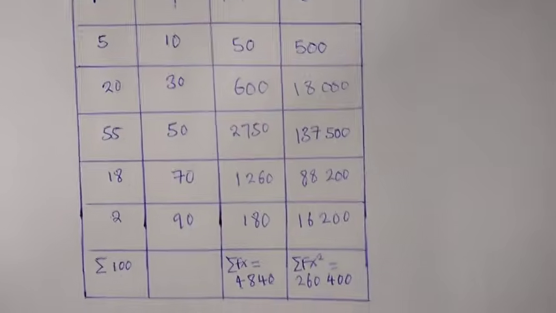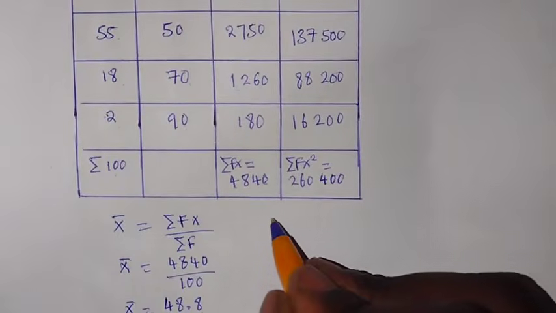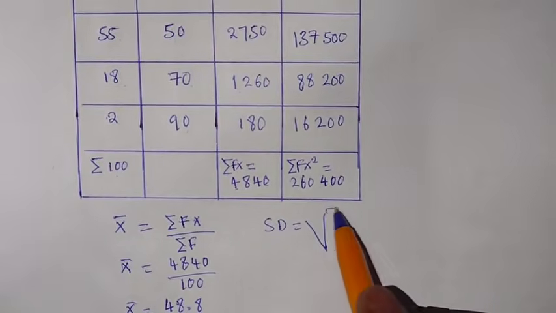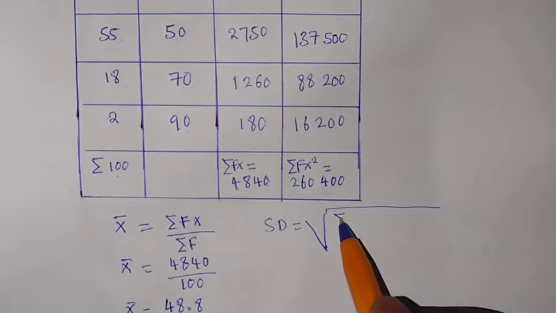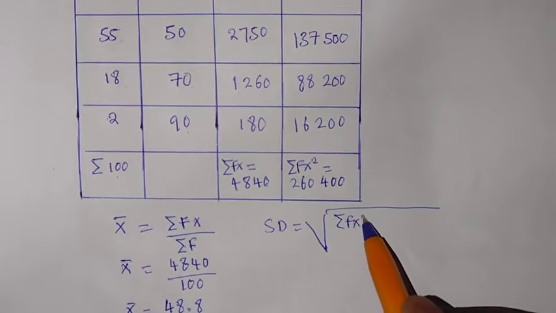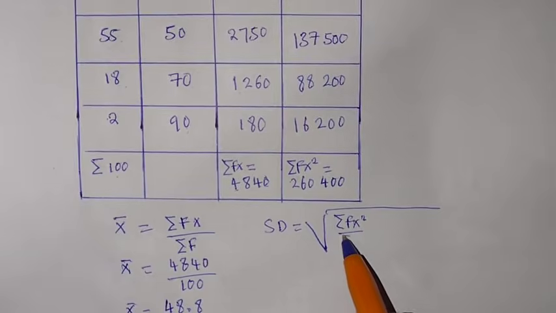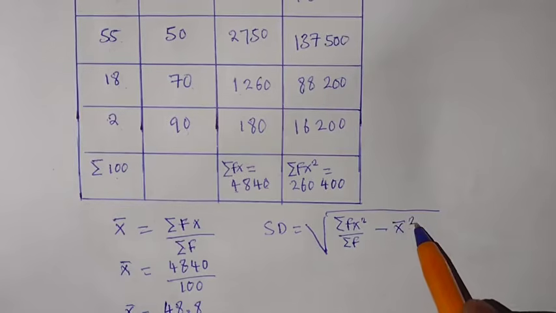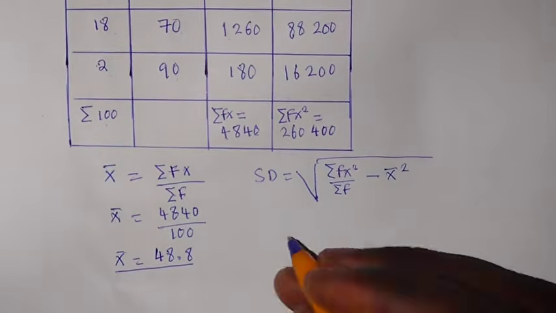Now we can get back to the formula of standard deviation, of which we are saying SD is equal to the square root of summation of fx squared over summation of f minus the mean squared. So let's just substitute there.